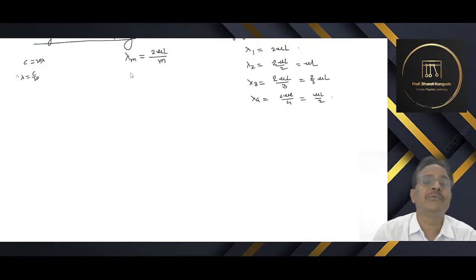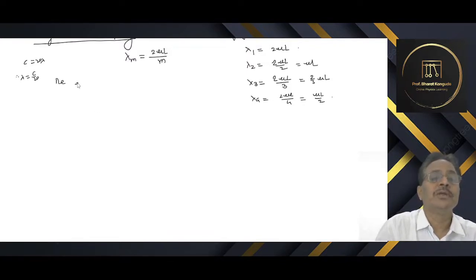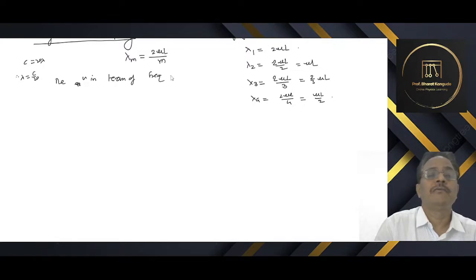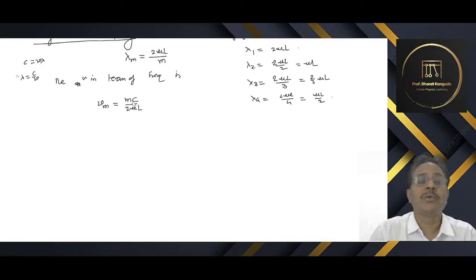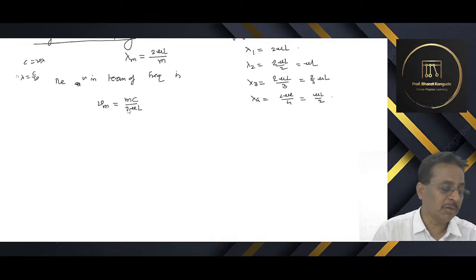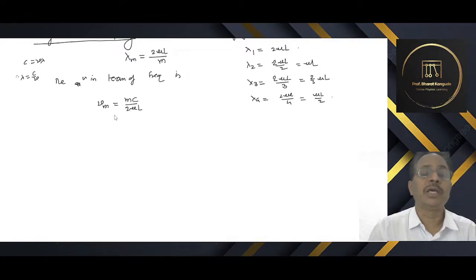Using this relation, I can replace this equation as follows, and therefore the equation in terms of frequency is given by nu m is equal to m c upon twice mu L. C is the velocity of light, m is the number which we are taking here, and mu L is the optical length. 2 comes because of that particular condition. So this is the equation for the frequency.